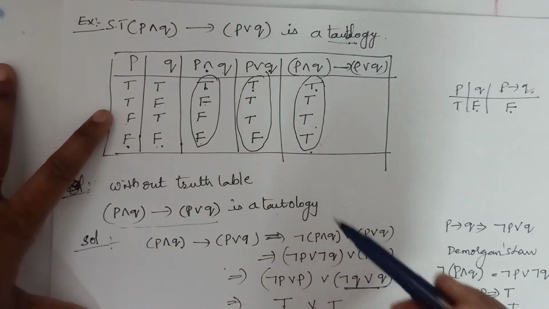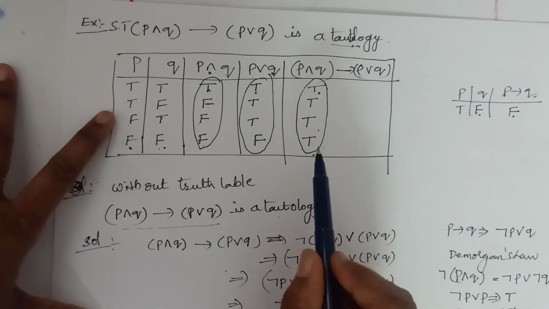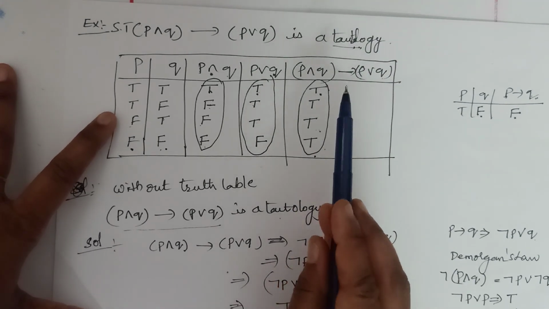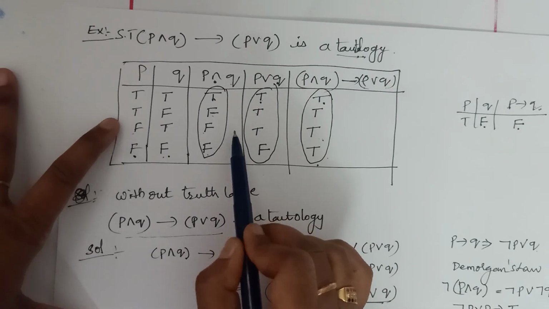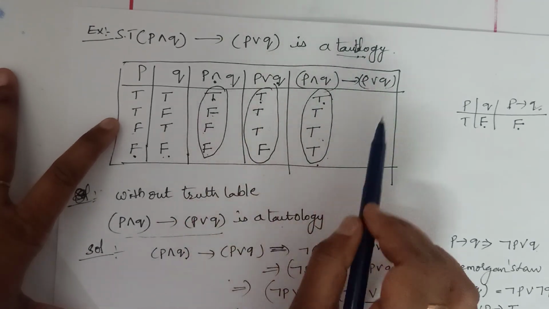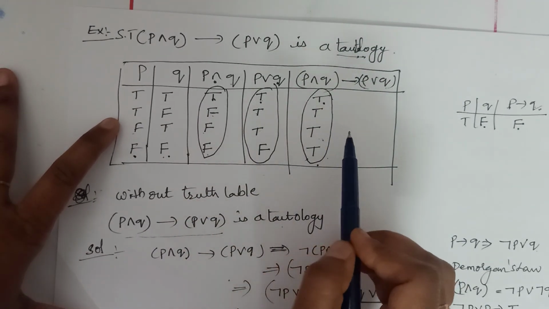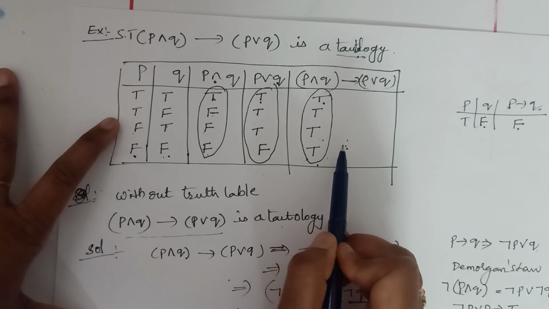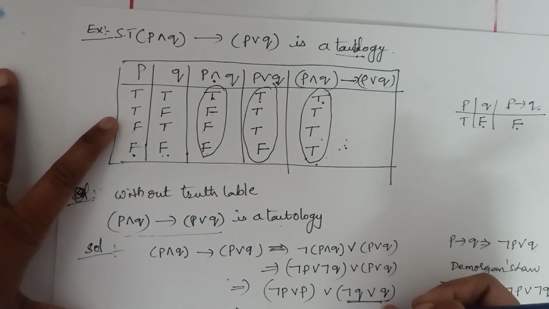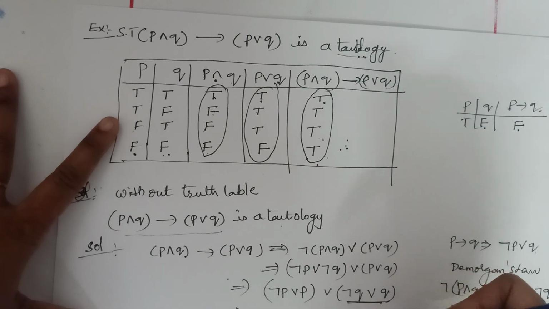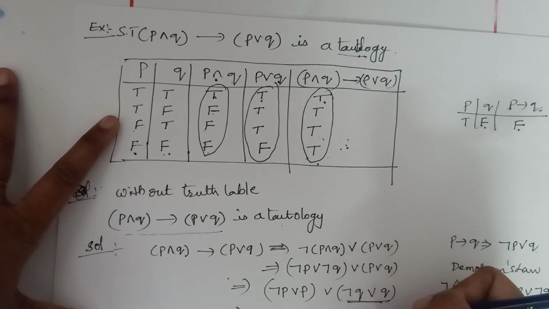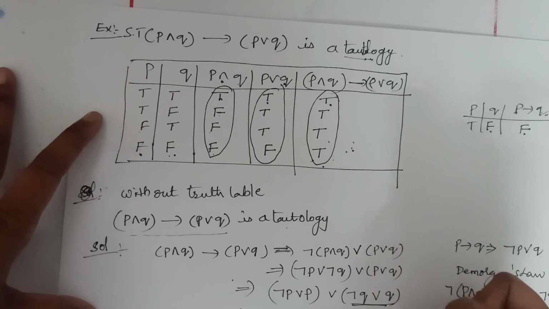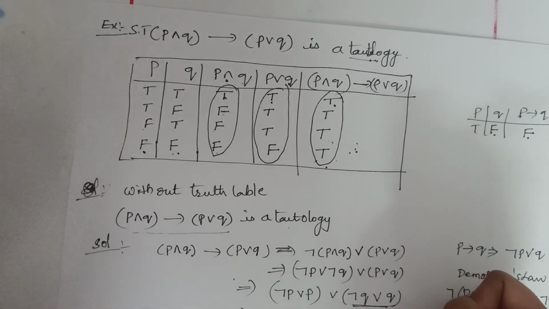Here I have explained two methods to know whether a statement formula is a tautology or not. One way is by constructing a truth table: by observing the last column of the truth table, you can identify whether the given statement formula is a tautology. The other is by using logical equivalence formulae. Okay, this is about today's session.